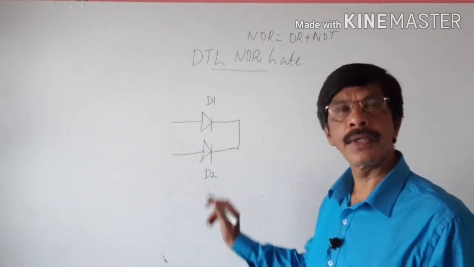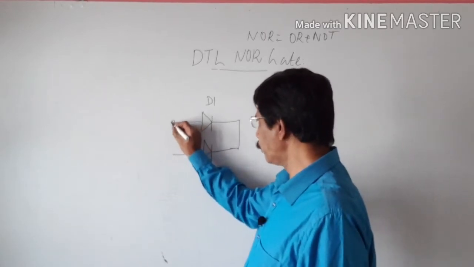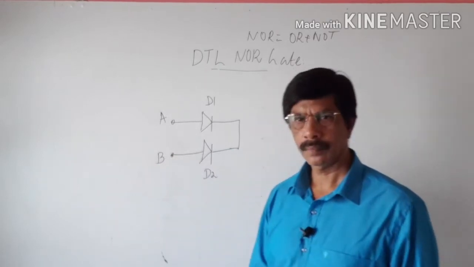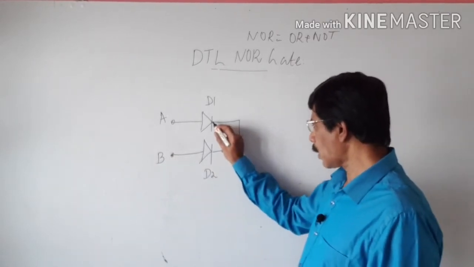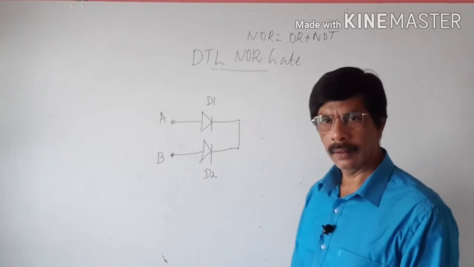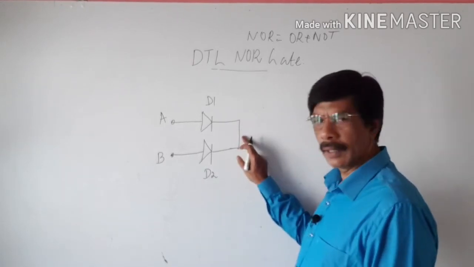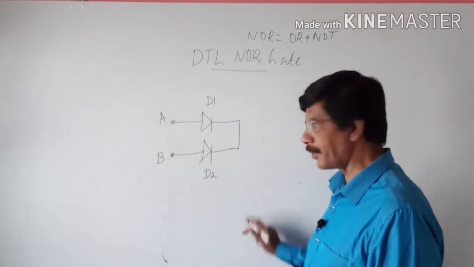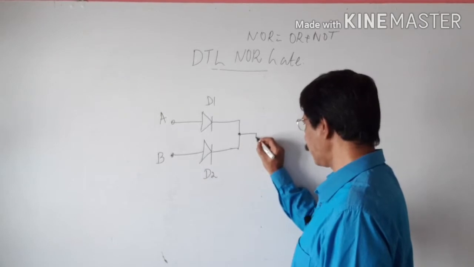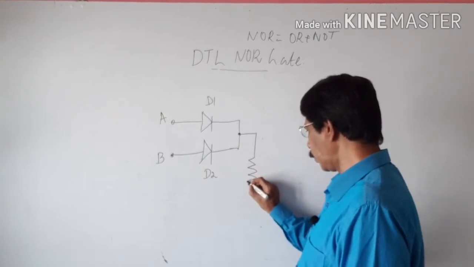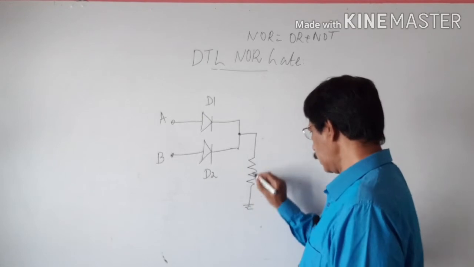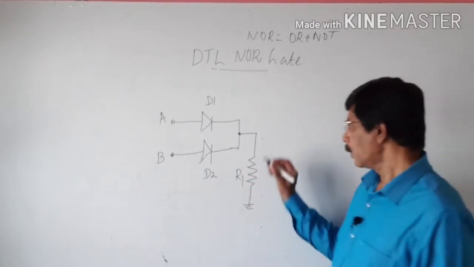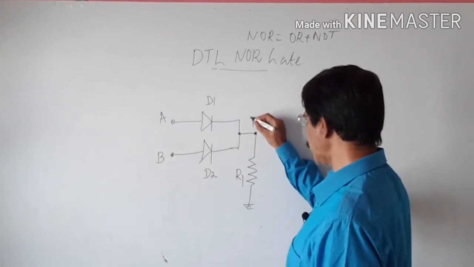The anodes of each diode act as the inputs capital A and capital B. This common cathode terminal is connected to ground through one resistor. This resistor is R1. Let us represent this point as capital P.